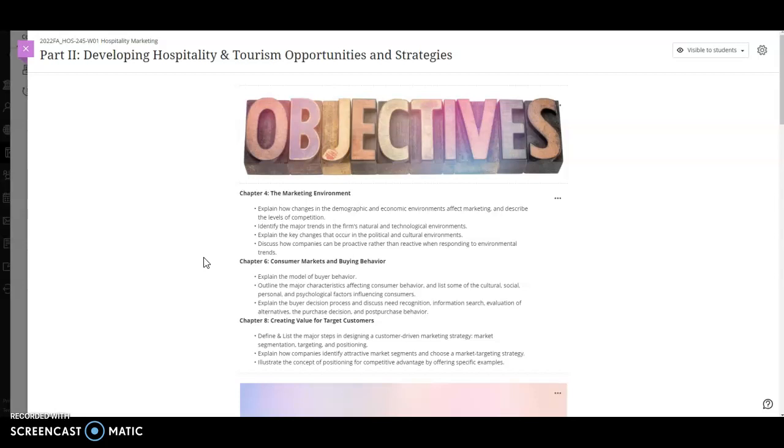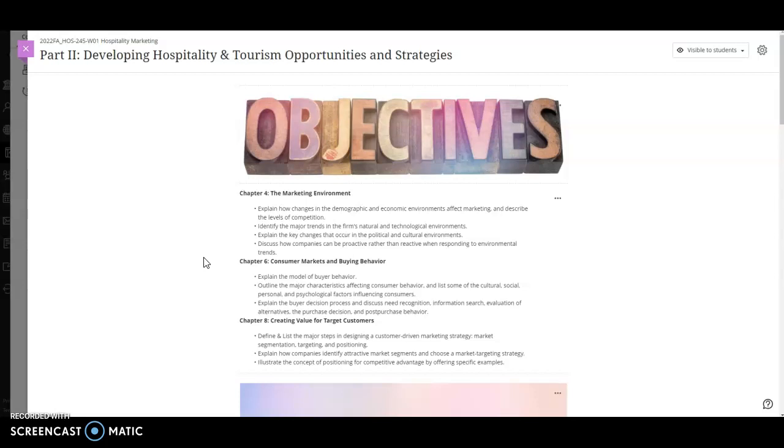Obviously, technological is one of the more important issues affecting the marketing environment in all industries, specifically as we look at the hospitality industry. Three, key changes that occur in both the political and cultural environments and how that affects our marketing ability. And four, discuss how companies can be proactive when responding to these trends.